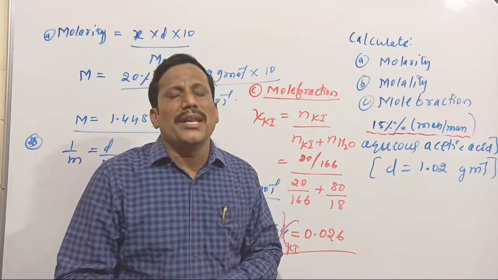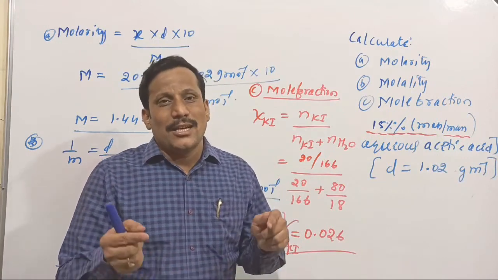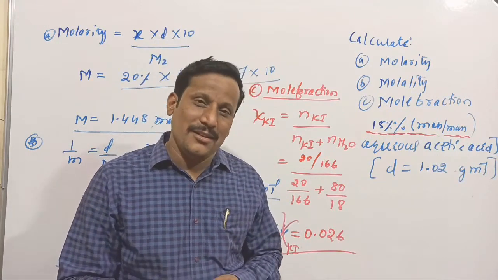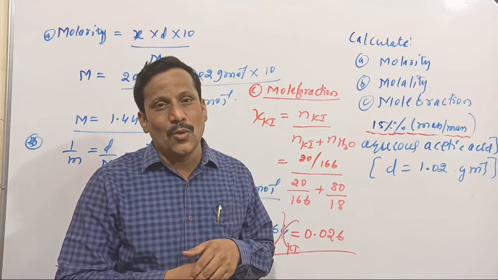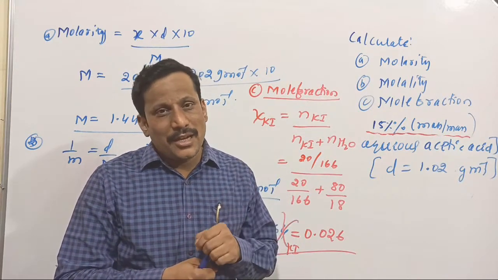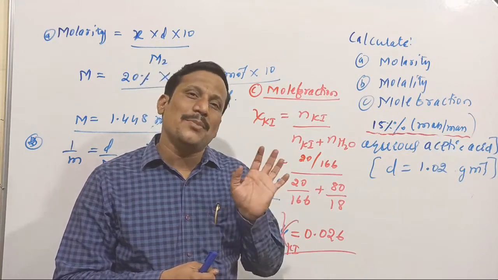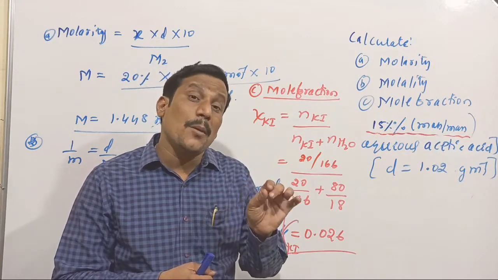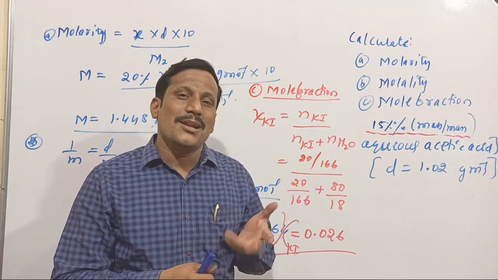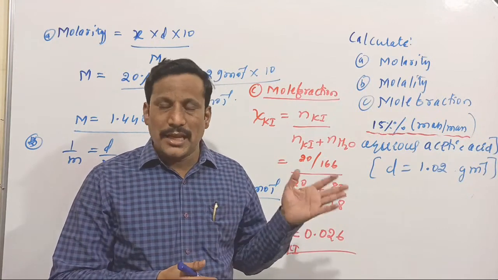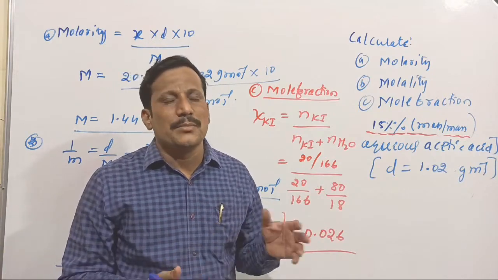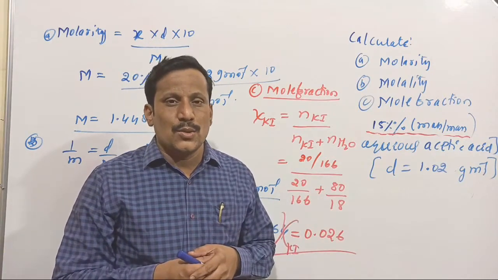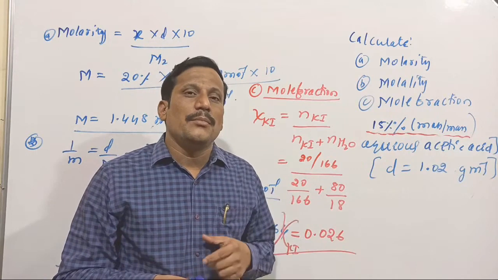As per the blueprint of the question paper of PU board, which I studied in the beginning, question number 28 is a problem only. For 5 marks they are going to ask problems, 3 plus 2 marks, something like that.